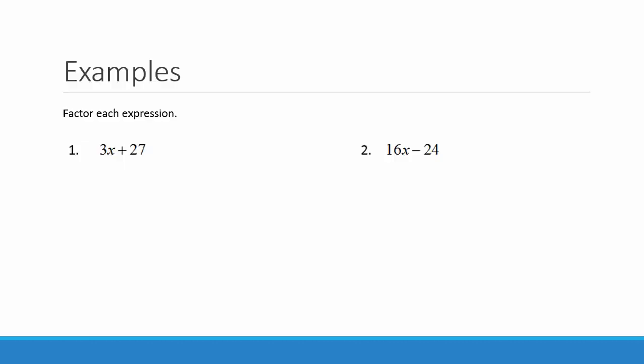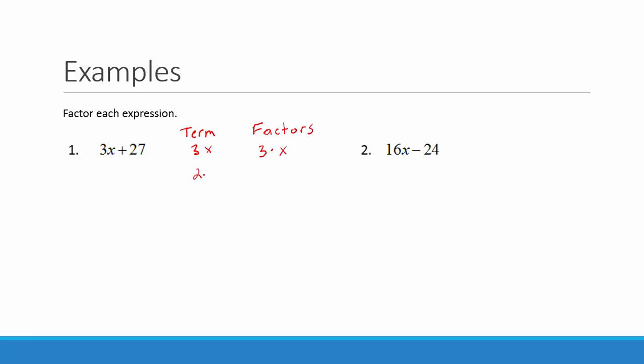In our first example, we have 3x plus 27. The factors of 3x are 3 and x. So for our term 3x, our factors are 3 and x.